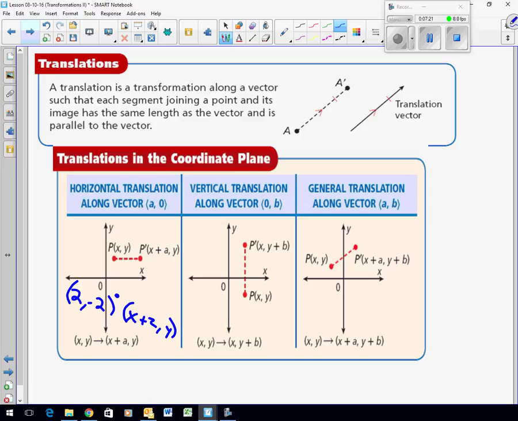Okay? X plus 2, y. What do I do to the x coordinate? Add 2. What do I do to the y coordinate? Nothing. Keep it the same. That's how you would get (4, -2) as your prime point.